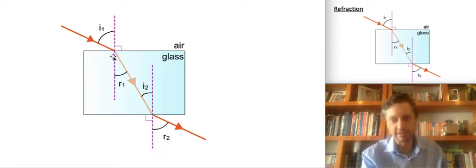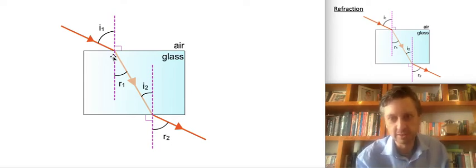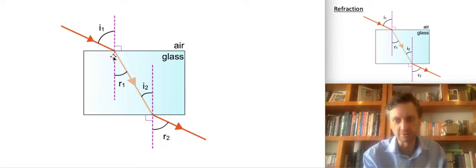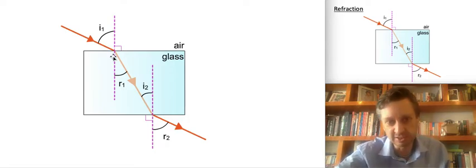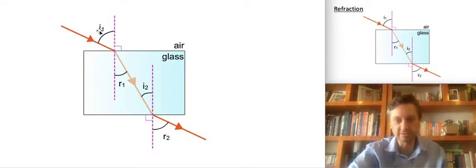The reason being is that it slows down. Now, you're used to talking about one universal speed of light, but the speed of light is not universal. The speed of light actually changes depending on the medium that the light is moving through. And because glass is more dense than air, the light actually slows down.